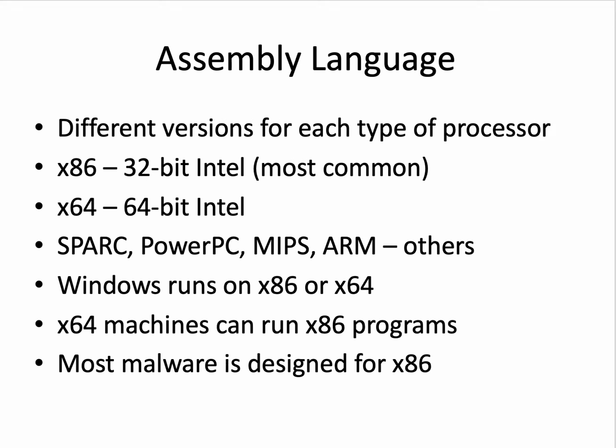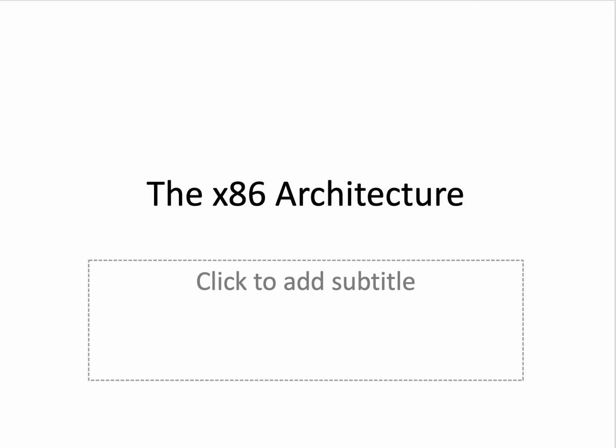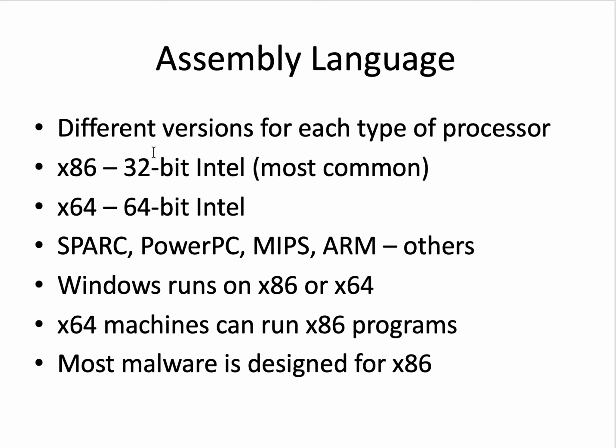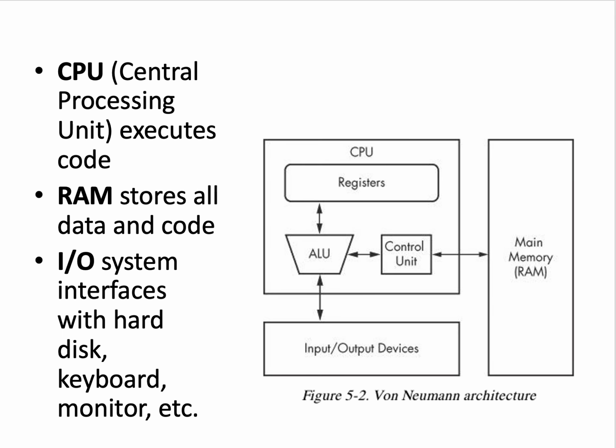As I said, different versions exist for each processor. Of course, x86 is the most common. Maybe not the 32-bit Intel, but it is the most common. The x86 architecture uses what they call the von Neumann architecture. We start off with the CPU that executes the code. The RAM stores the data.